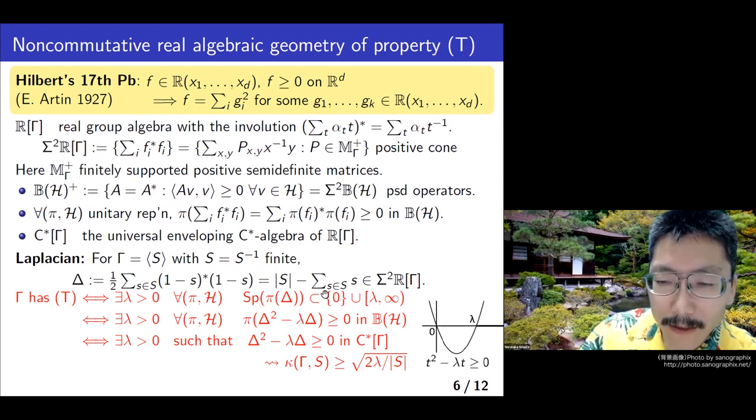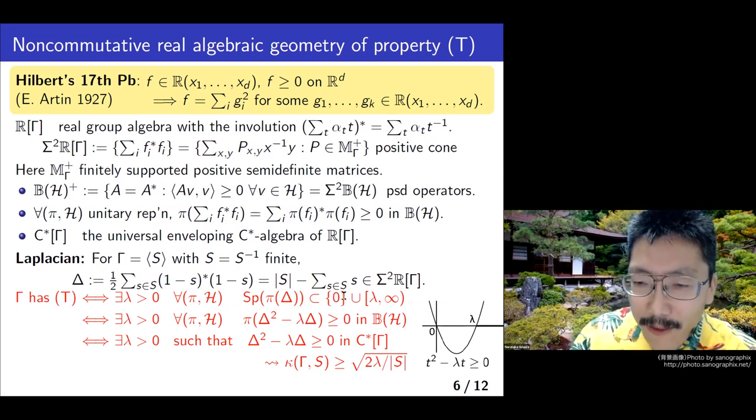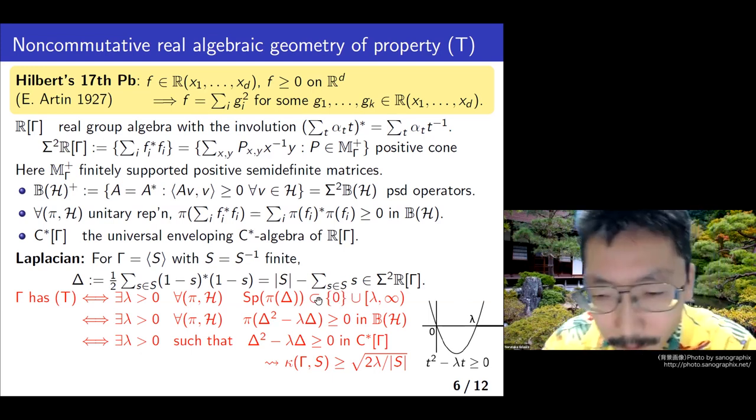So if you look at the spectrum of this delta, this 0 corresponds to the invariant vector, and an almost invariant vector corresponds to somewhere near 0. And if the almost invariant vector is really close to an invariant vector, that means 0 is isolated in the spectrum.